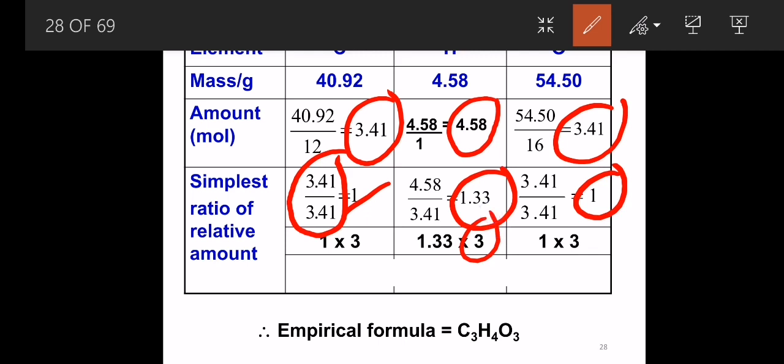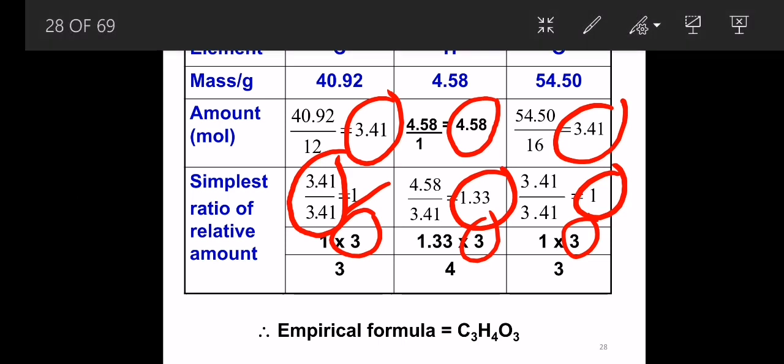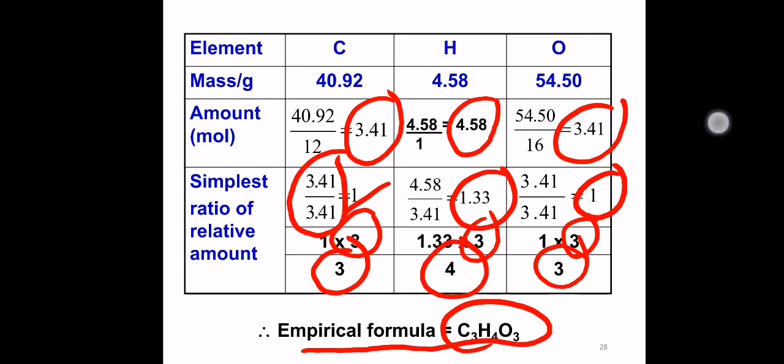Once you times by 3, the other elements, oxygen and carbon, you also times by 3, and then you will get carbon 3, hydrogen 4 and oxygen 3. So the empirical formula is C3H4O3.